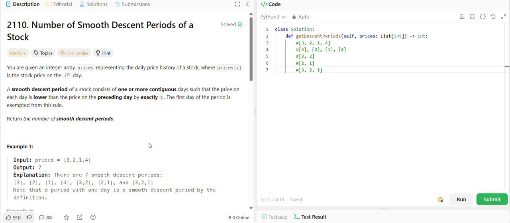Now think about which approach comes to our mind whenever we have the word contiguous or consecutive arrays or days or something like that: to generate all the subarrays, right? So here also we can think about generating all the subarrays and just counting those subarrays that satisfy the given condition. But if we do so, the time complexity will be something like big O of n cube. Does it work?